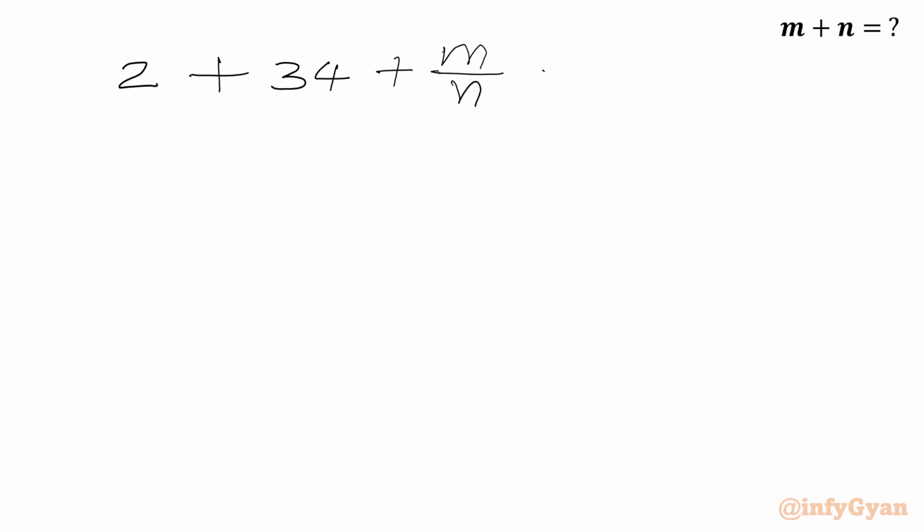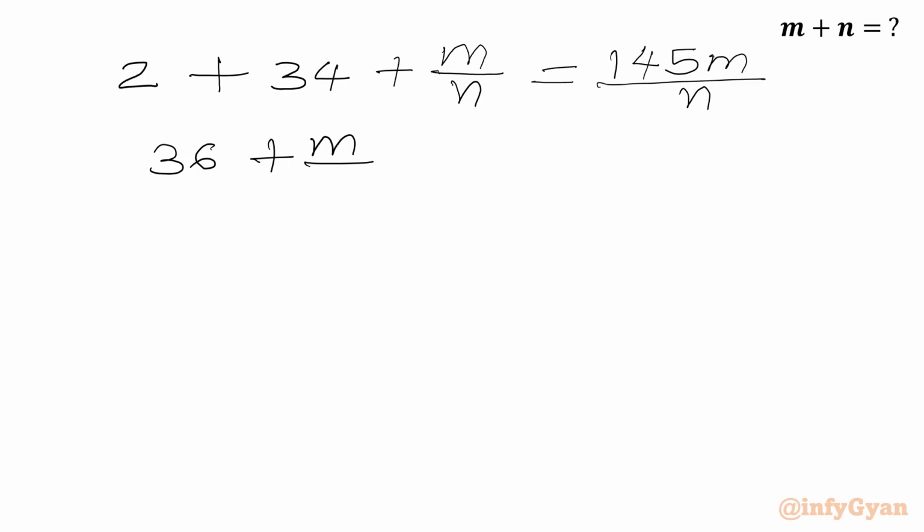Then we will write equal to 145 m divided by n. So 2 plus 34 is 36 plus m over n, and this will be equal to 145 times m over n. Now we will subtract m over n from both sides.